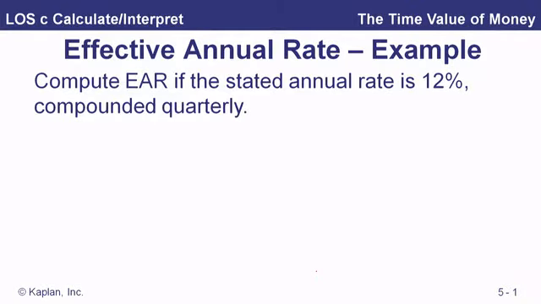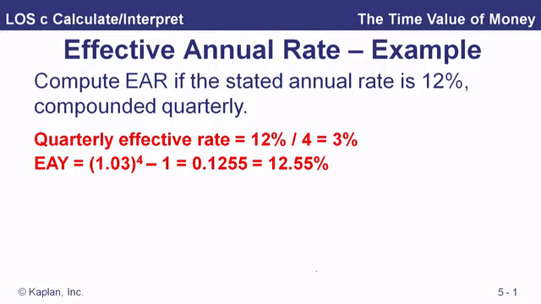So let's look at an example. Compute the effective annual return if the stated annual rate is 12% compounded quarterly. 4 quarters in a year, let's divide that stated rate by 4 and get a 3% effective quarterly rate.